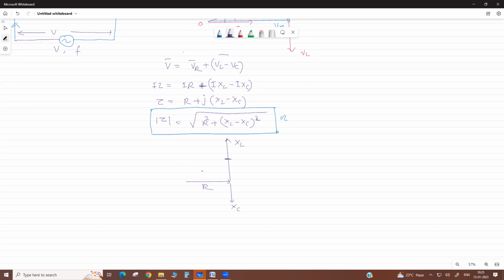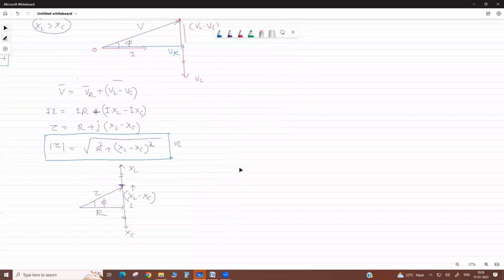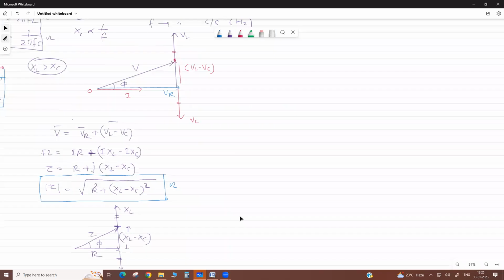The net reactance in the circuit is because they are opposite, so this part cancels this part. The net reactance in the circuit is XL minus XC. This is your Z. Then this is phi. Understand this thing.